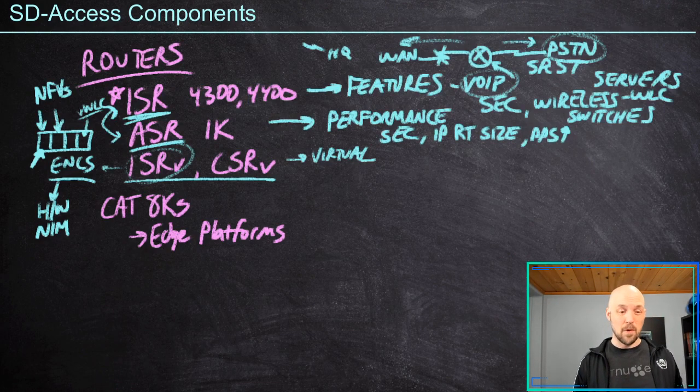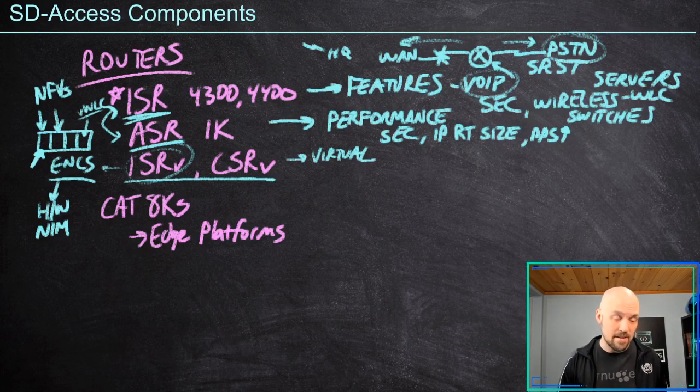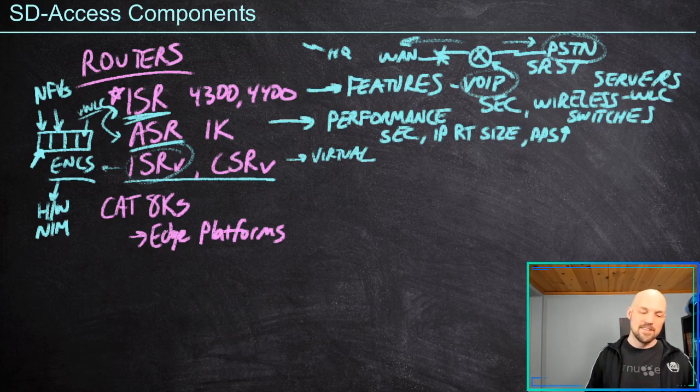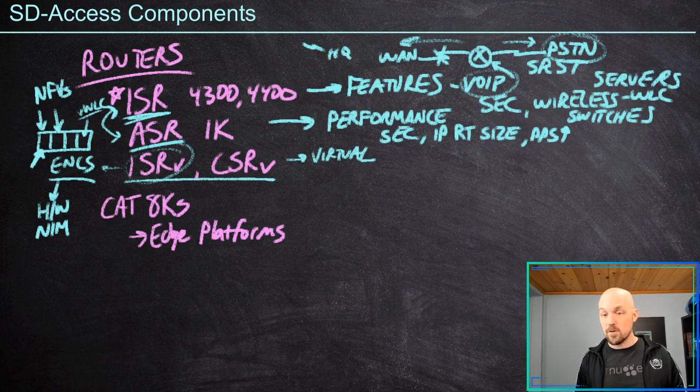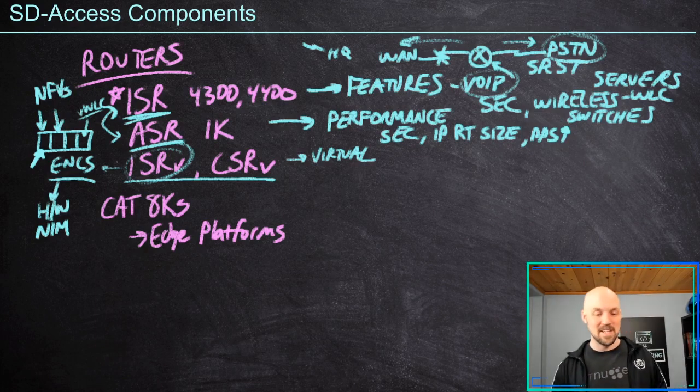Well, I say, well, if I'm going to deploy the ENCS, I would lose that. Well, no, actually, because the ENCS can support router modules. It's designed for that. And so we connect that in, and internally it traces that into the router. And so it gives our virtual ISR, even though it's a virtual router, it gives it access to a voice analog line. So it's really cool how this box comes together.